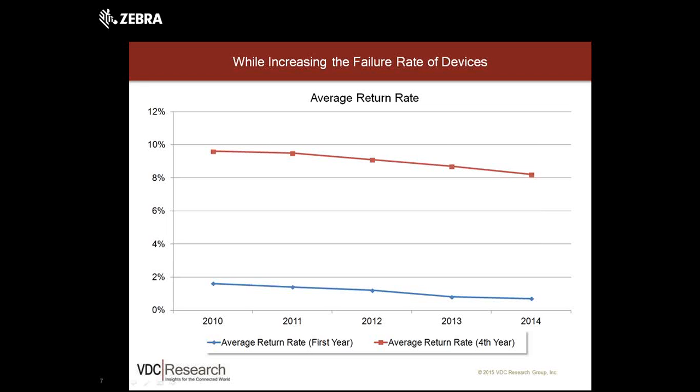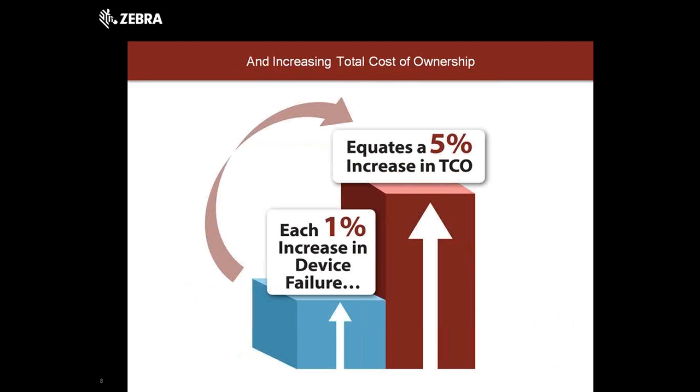It's interesting to note that as we hang on to equipment longer, as we try to stretch the investment beyond what the normal investment cycle would be, we're going to have higher return rates. And what's interesting is VDC sees this in interviewing their customers: as devices fail more, it costs organizations a factor of 5x more in the total cost of ownership.